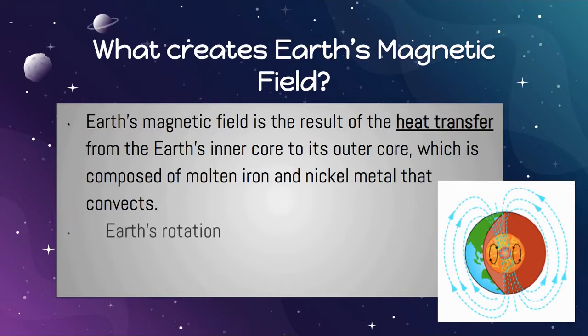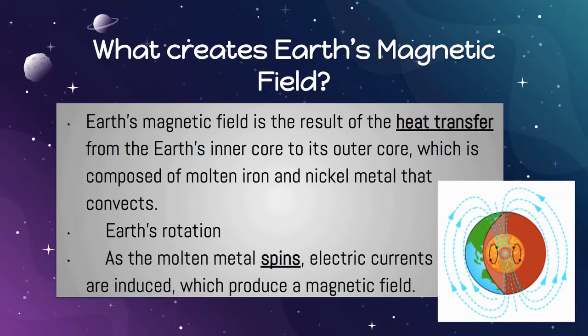Remember those convection currents? That combined with the fact that the Earth itself is rotating spins the molten metal inside, and it generates electric currents, which in fact produce our magnetic field.